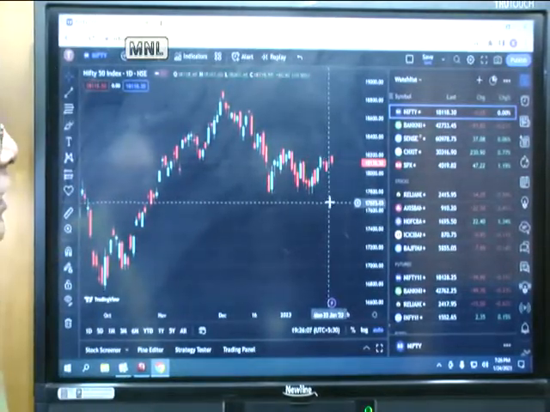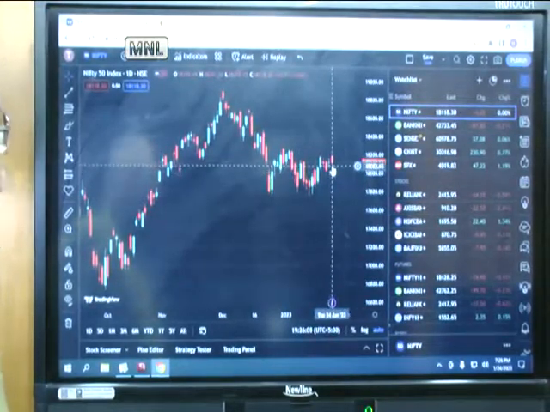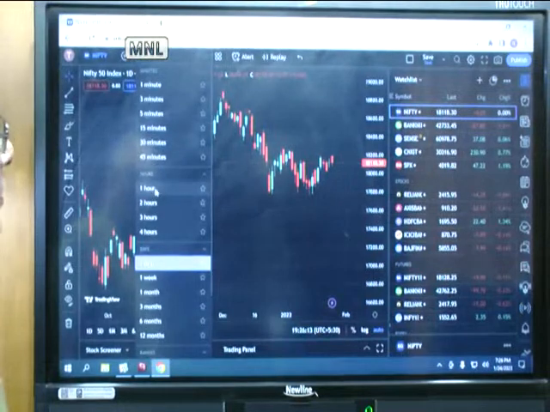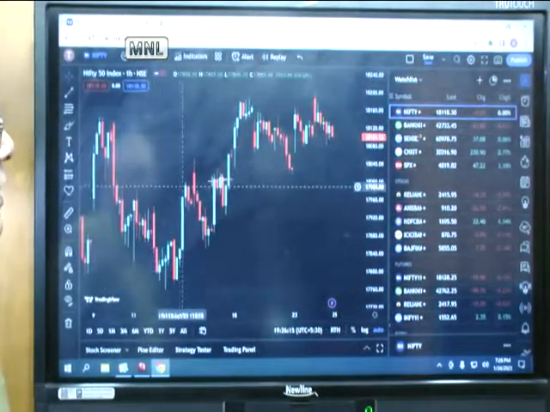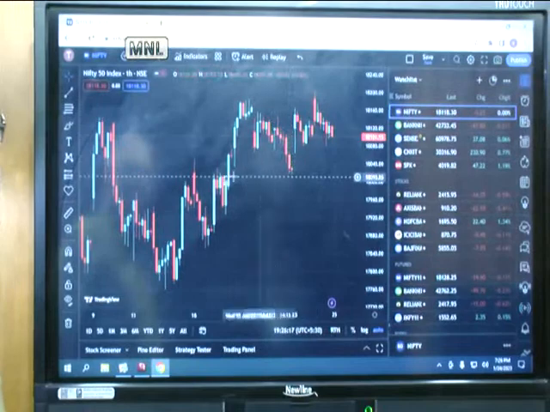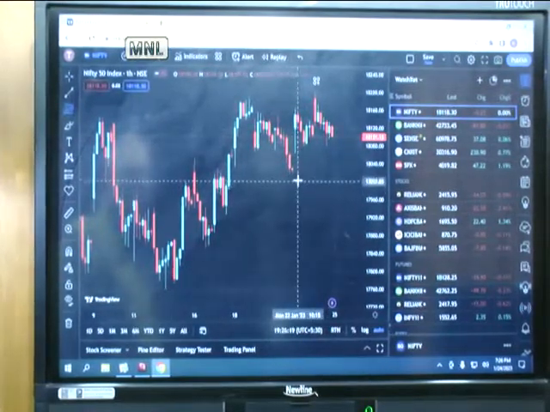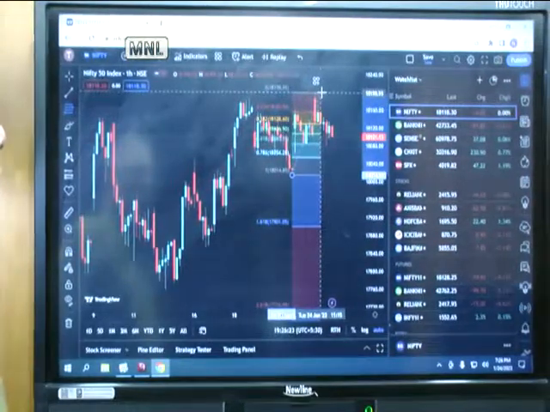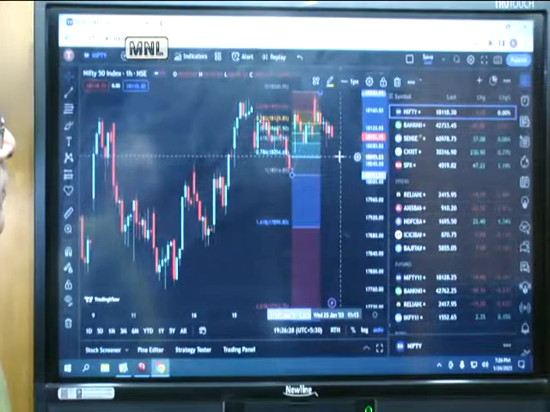Now we will draw the Fibonacci from this level to this level and see what happens. For which we will take the 1 hour chart so that you can have better clarity. So this is coming from this place, right? So we will draw this. So the 78.5% retracement comes closer to 18,050, right?